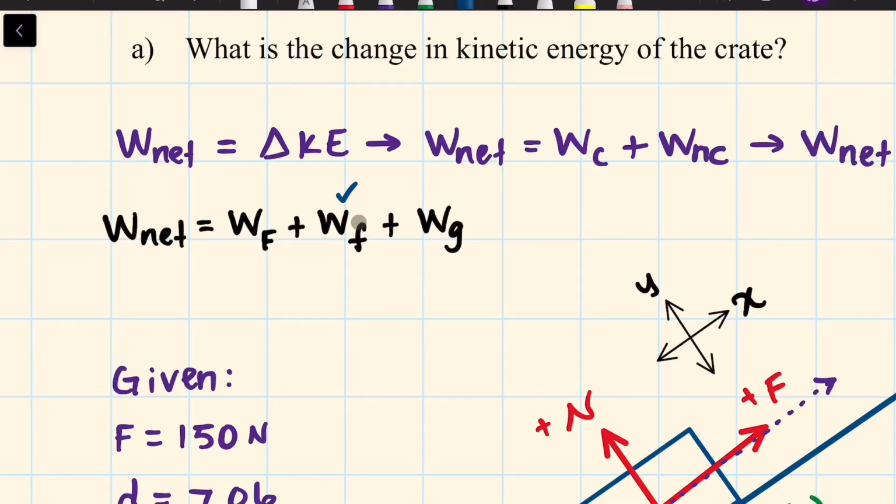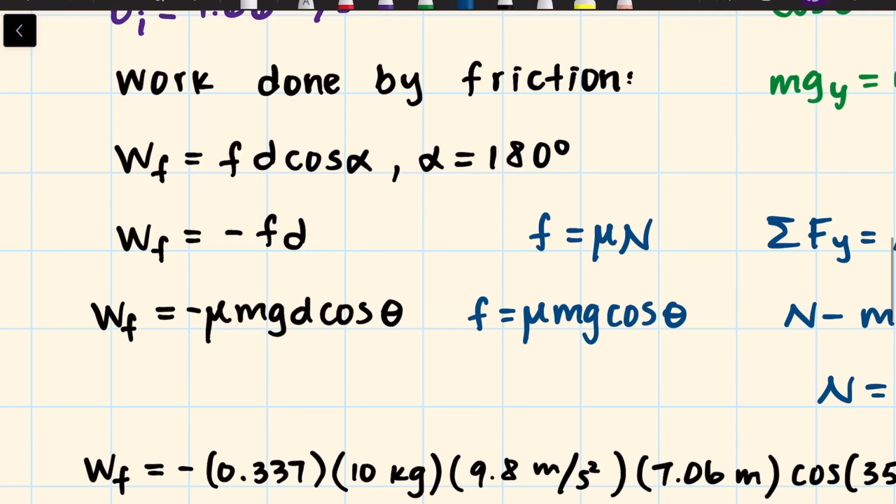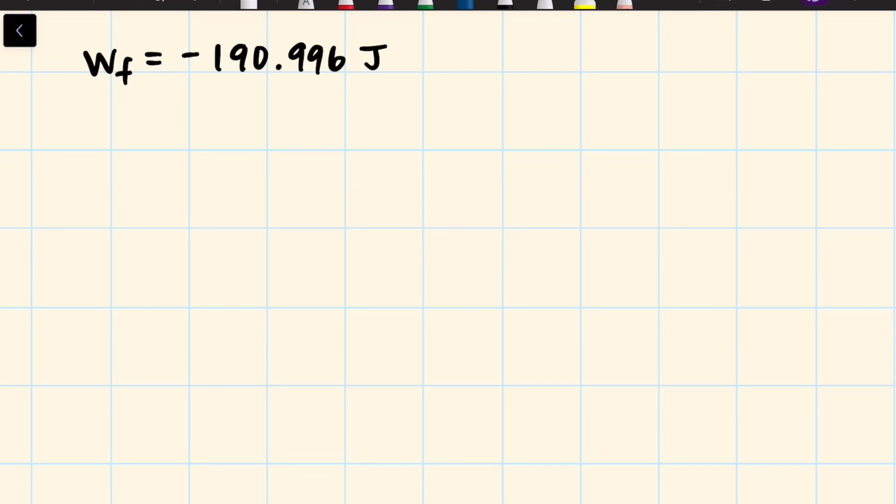Now that we've found the work done by friction, let's find the work done by the applied force. Okay, we'll do the same thing. So let's go for work done by applied force.